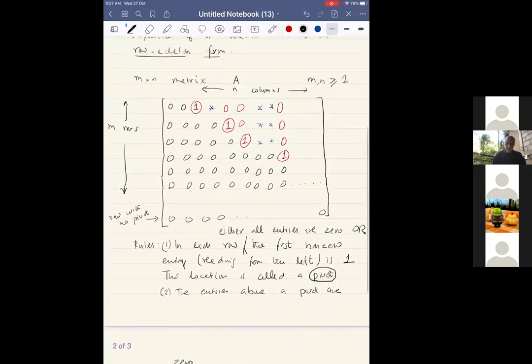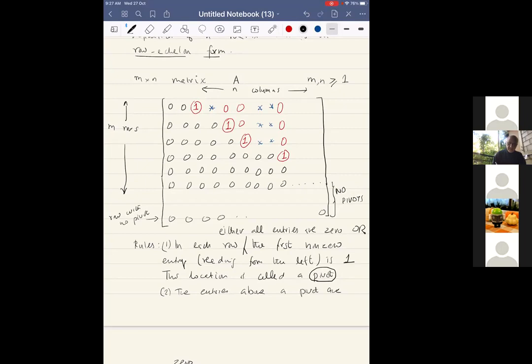So let's go back here. In other words, the shape of the matrix must be that there are a certain number of rows with no pivots. Let me write this more clearly. No pivots.